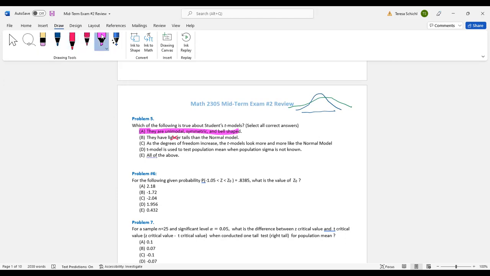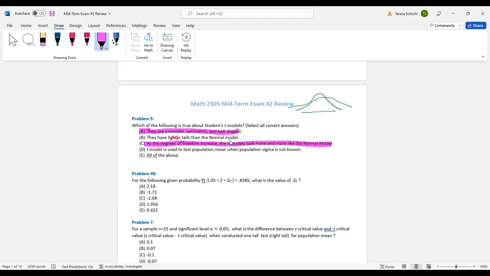All right. So the next one, they say, as the degrees of freedom increase, the T model looks more and more like a normal distribution. That is correct. Because when the degrees of freedom increase to infinity, the T distribution will become the normal distribution. We don't really need infinity.